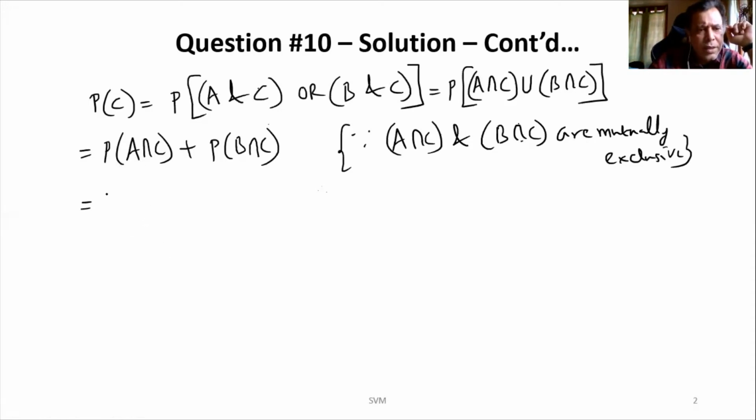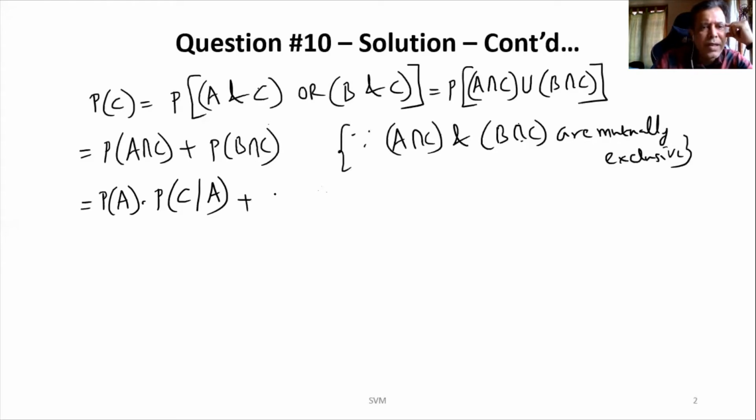So using the multiplication rule of probability for dependent events, this can be written as probability of A multiplied by probability of C, given that A has already happened. It becomes a conditional probability because they are dependent events.